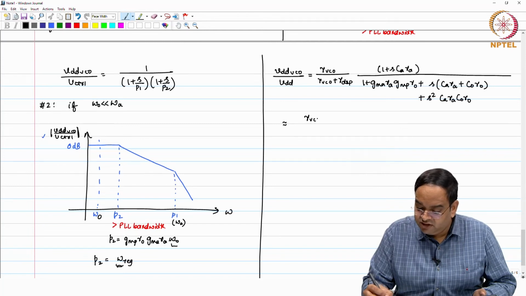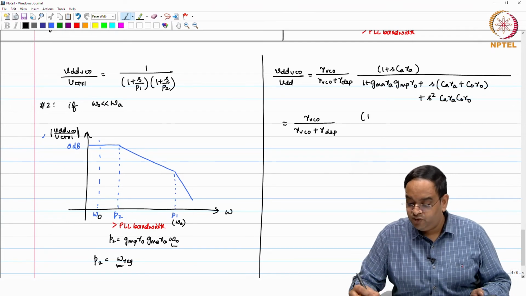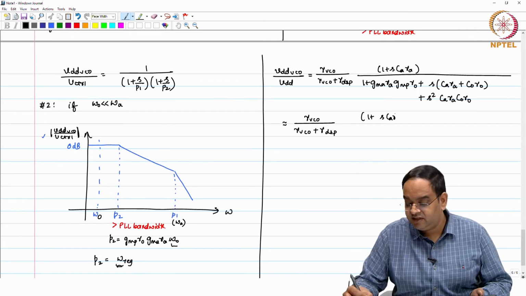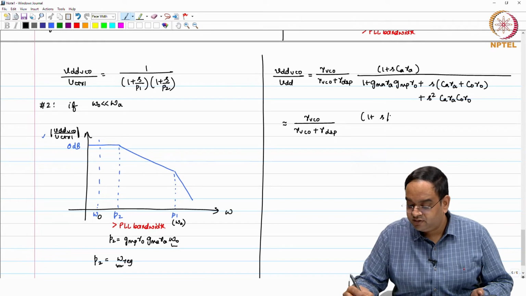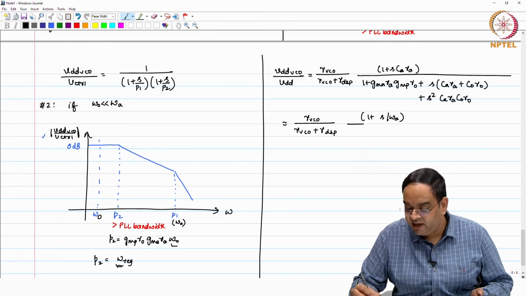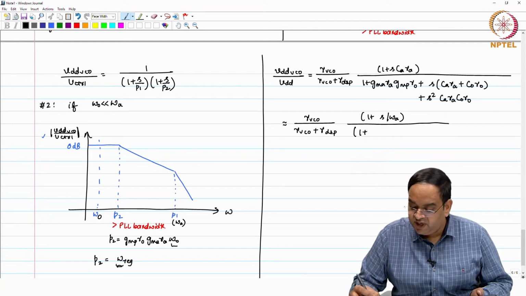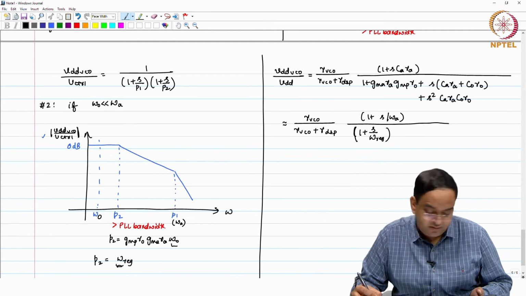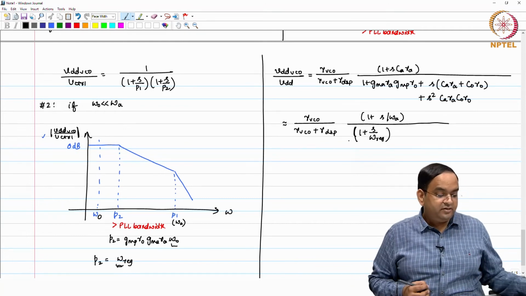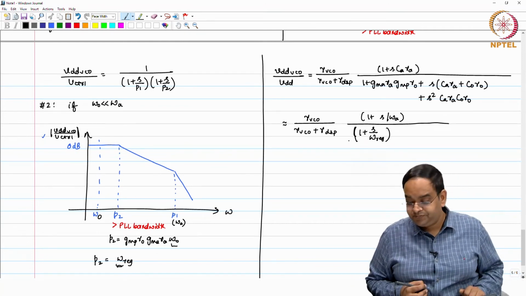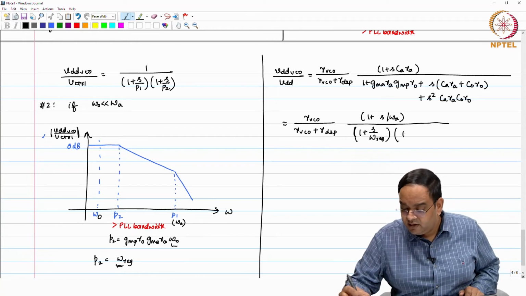So, now I will write this as RVCO divided by RVCO plus RDSP, times 1 plus S by omega A, whole divided by 1 plus S by omega regulator, and then 1 plus S by P1.